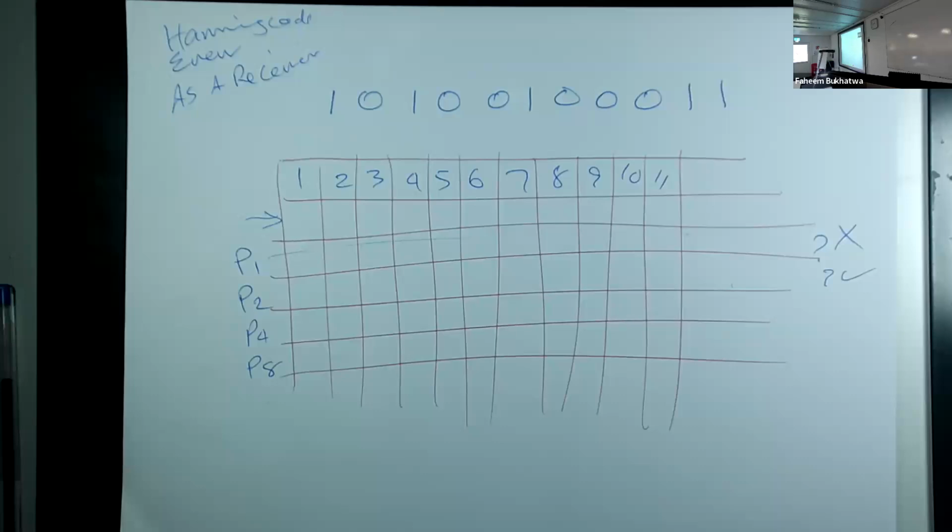Keep going. Anybody finish? No? Almost? First, you take 5, 7. Three is odd. They should be even.